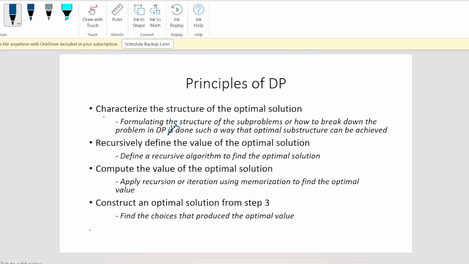So we have discussed about this point previously, and we're discussing this again. So this is the most prior principle of DP and the most challenging part.